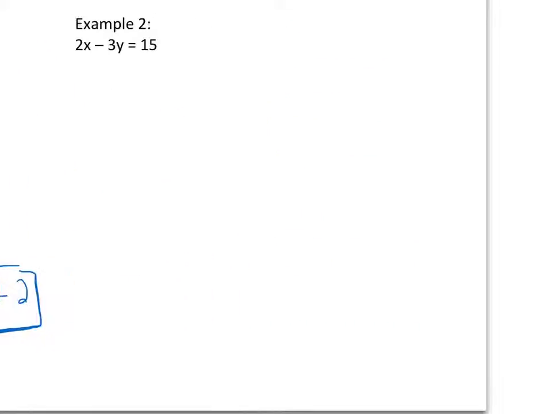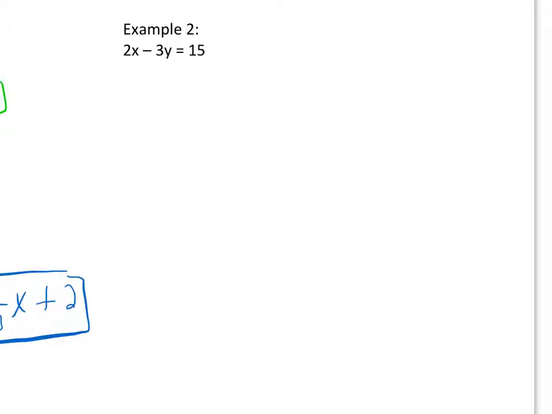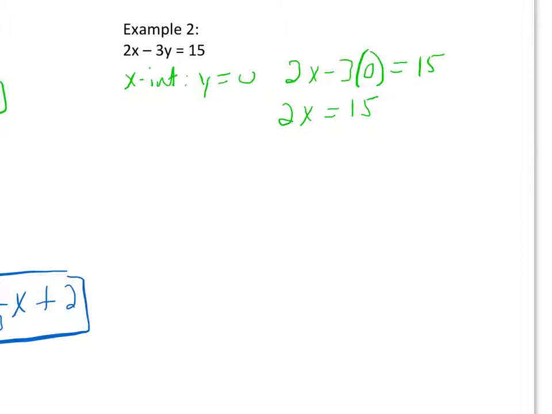The next one, same rules. X-intercept means y is equal to 0. So we have 2x minus 3 times 0 equals 15. 3 times 0 is 0, so we're going to end up with 2x equals 15.